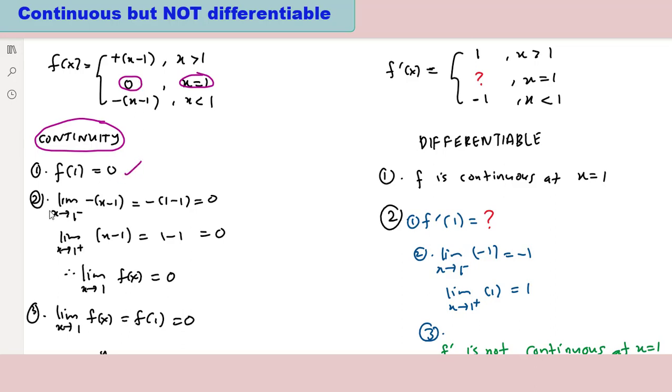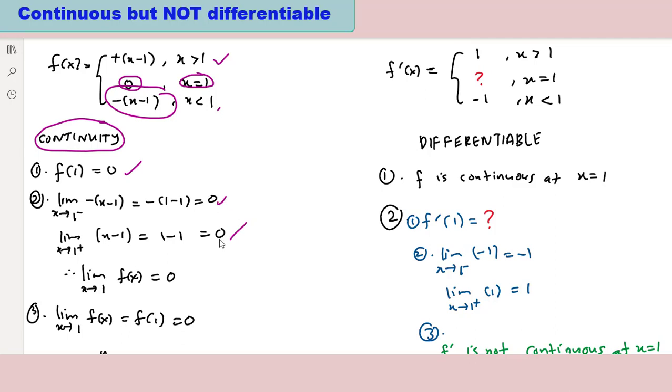The second step is to find the limit. For the limit as x approaches 1 from the left, the function is negative x minus 1. Substitute and it is equal to 0. For the limit as x approaches 1 from the right, we choose the function x minus 1, substitute and get 0.